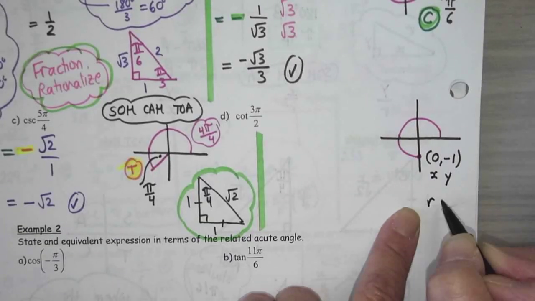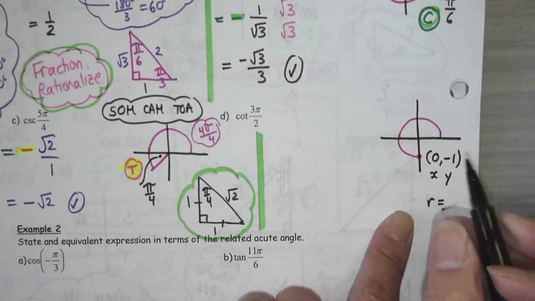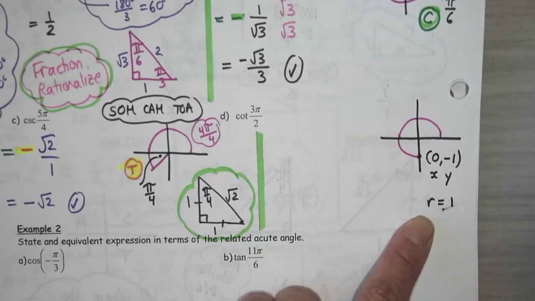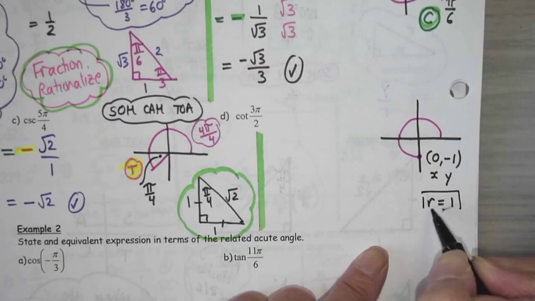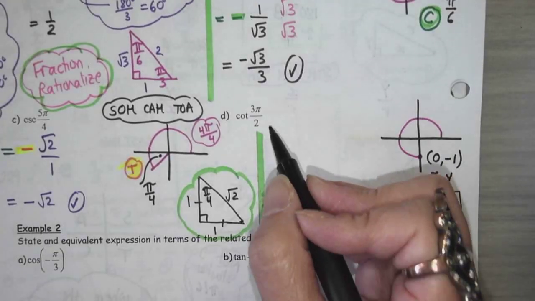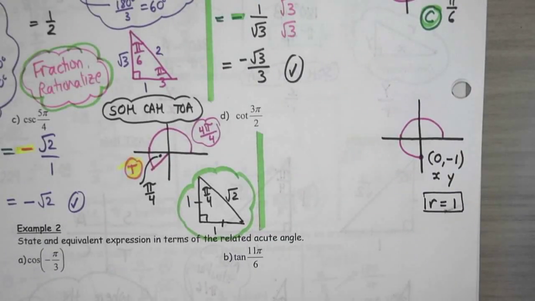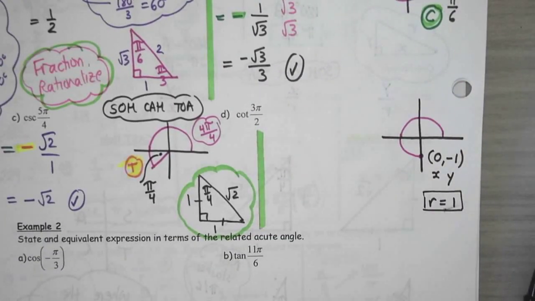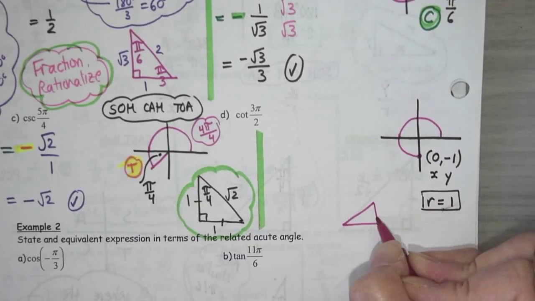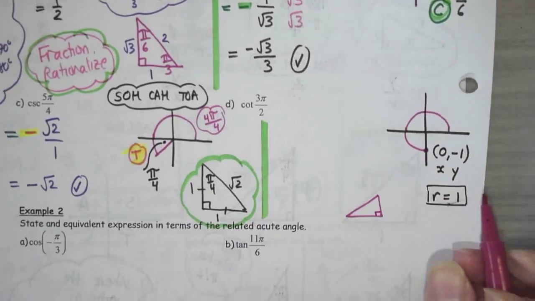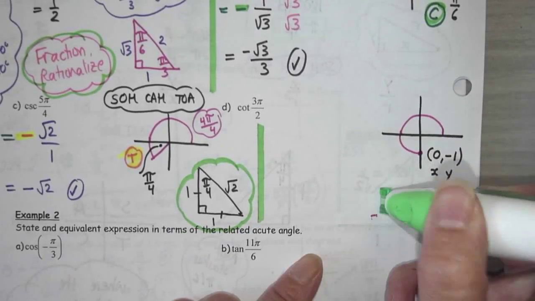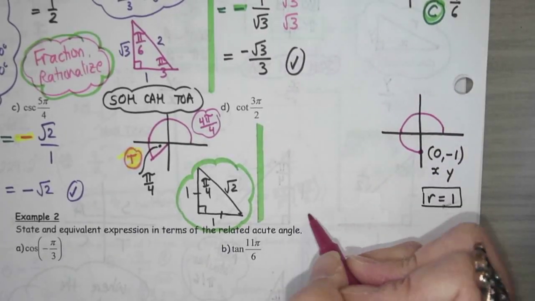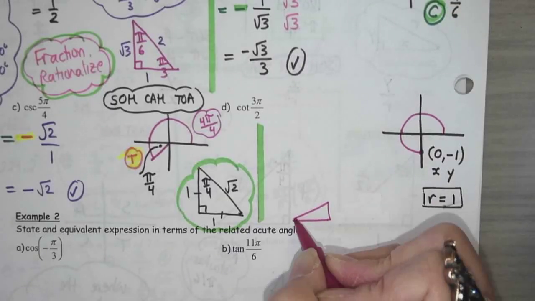What's r for my unit circle? Negative 1? Just 1. Nope. Radius is always positive. Yep, always positive, so we're going to always use a positive 1. And then cotangent is the reciprocal of tan. I usually do the triangle this way. So I usually picture it here in the first quadrant.